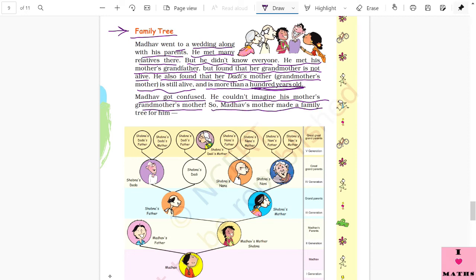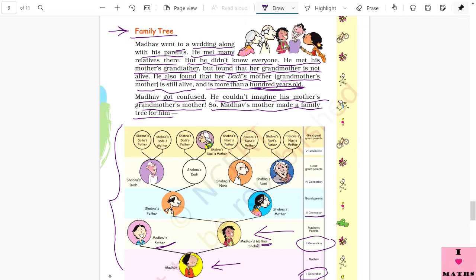He couldn't imagine his mother's grandmother's mother. So Madhav's mother made a family tree for him. Okay, so this is Madhav's family tree. Here is Madhav, and if we consider that he is the first generation, then second generation members are Madhav's parents, his mother as well as his father.